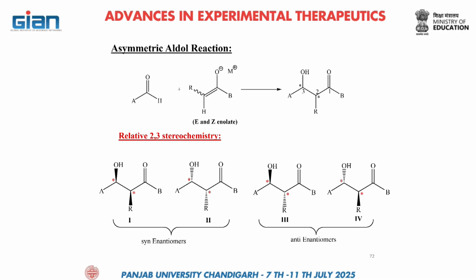Now come to only 2 products, for example the syn enantiomers. How do you differentiate between 1 and 2? In 1, OH and R are above the plane, and in 2, OH and R are below the plane. If you want to attain molecule number 1, you have to block the other face.